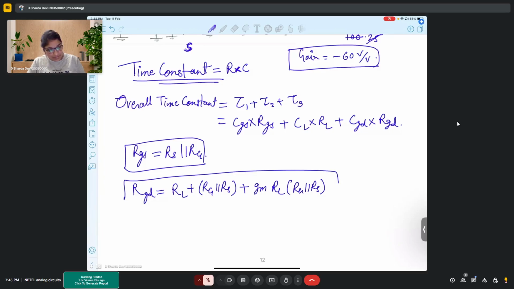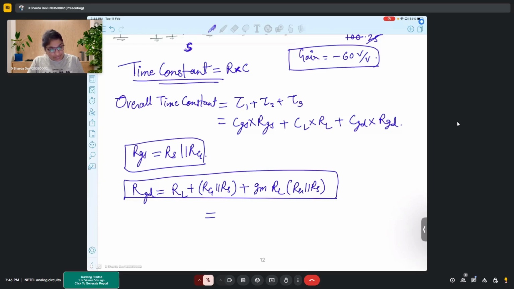So this is the formula that is obtained when you calculate this RGD resistance, which is the resistance shared between two ports, we can say input and output ports. And CL into RL, it's straightforward, so we don't have to do anything.